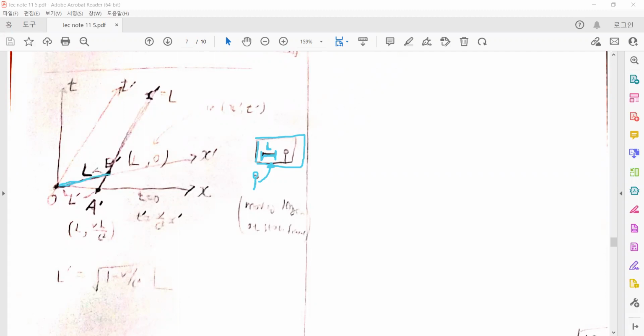Then R prime can be obtained from gamma x plus beta gamma ct, because that's the inverse transformation, inserting x and t, which are R and vR over c squared.